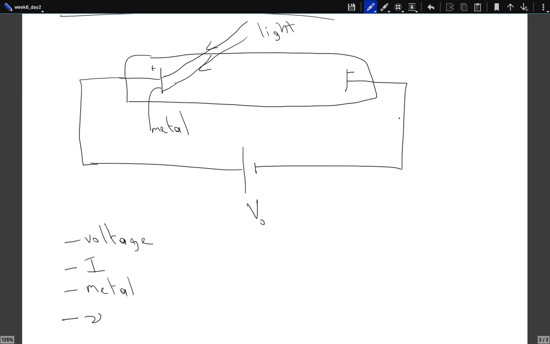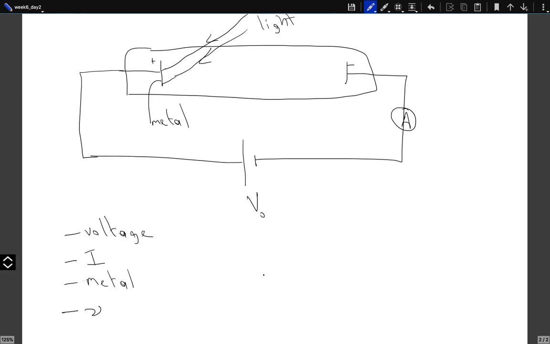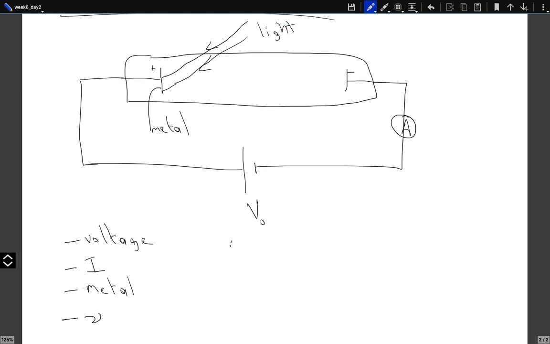We will measure the current. Let's put an ammeter over here. You measure the current as a function of, what would you like to change? Frequency. Intensity.